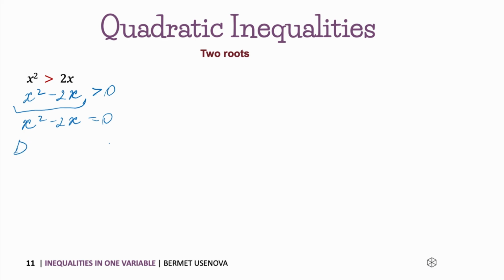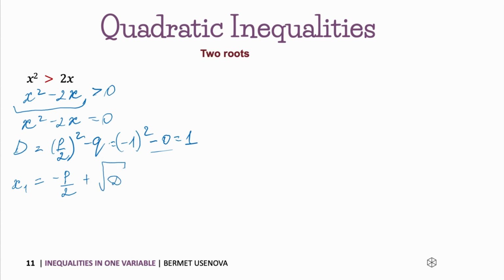So again, we find the discriminant, which is p divided by 2, squared, minus q. This will give us minus 1 squared, and since we don't have any q here, minus 0, which equals 1. So x1 will be minus p divided by 2 plus the square root of the discriminant, which is 1 plus 1, so 2.